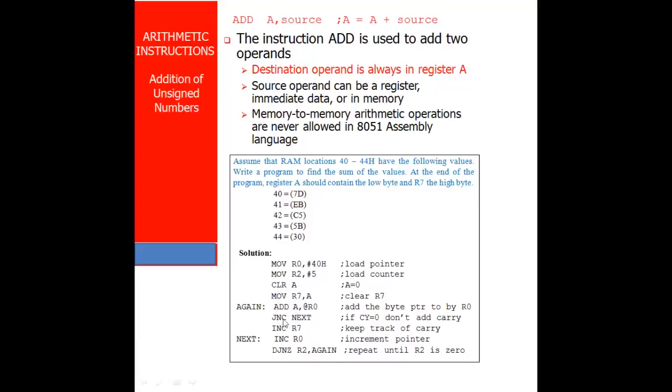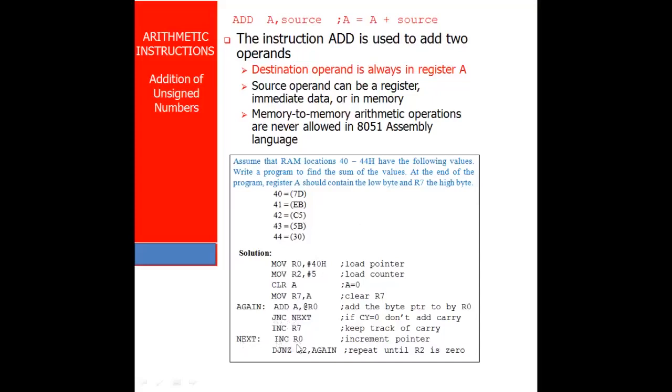Now I shall check whether a carry is generated after the addition operation. Depending on that decision, I shall jump my control to the next location, or I shall increment the value stored inside R7. JNC means jump if no carry, then jump to the location next.